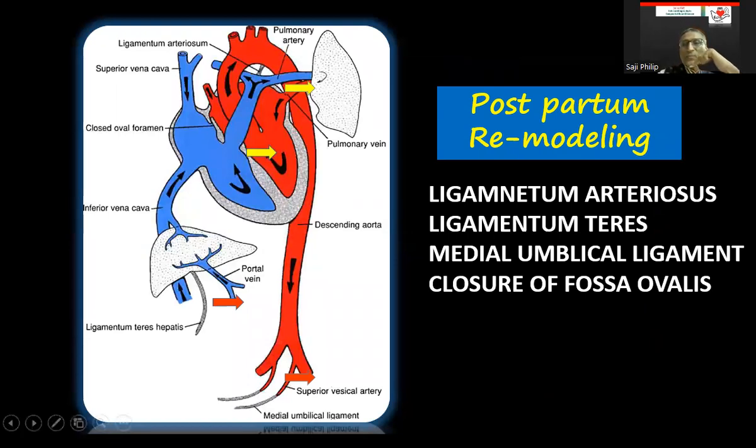Then the postpartum remodeling: if you look at that ductus venosus area, it will become the ligamentum teres hepatis.